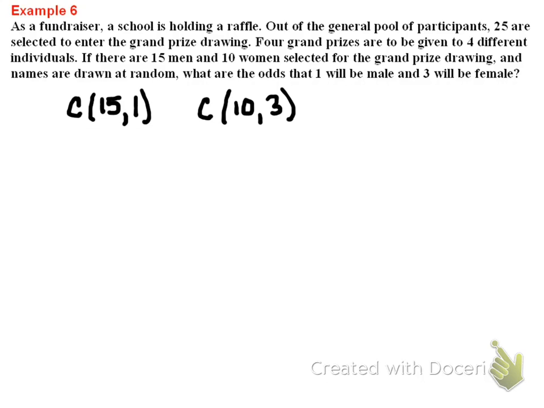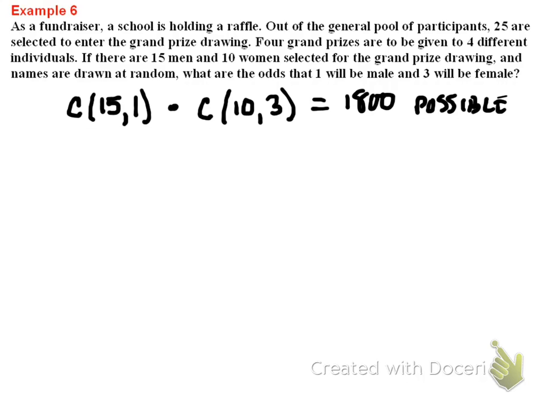Those 2 values, using the basic counting principle, I would multiply together. Sorry, I had a little technical glitch there. And that comes out to a total of 1,800 possible groupings. So there's 1,800 possible groups for the 1 man and 3 women to be chosen.